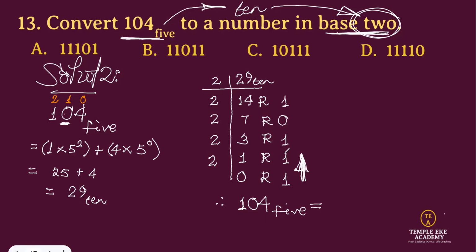Let's go. 1, 1, 1, 0, 1. Now to base 2. Our final answer. Very simple. And that would be the option A, as we have seen right there.